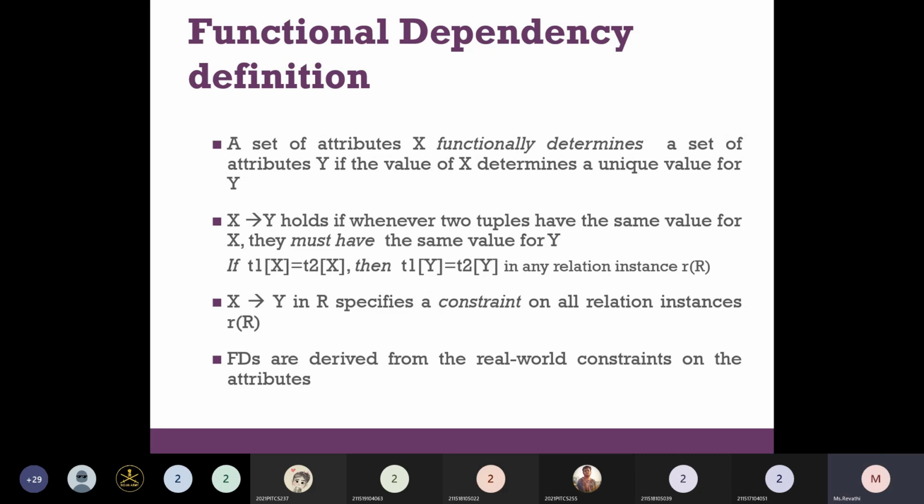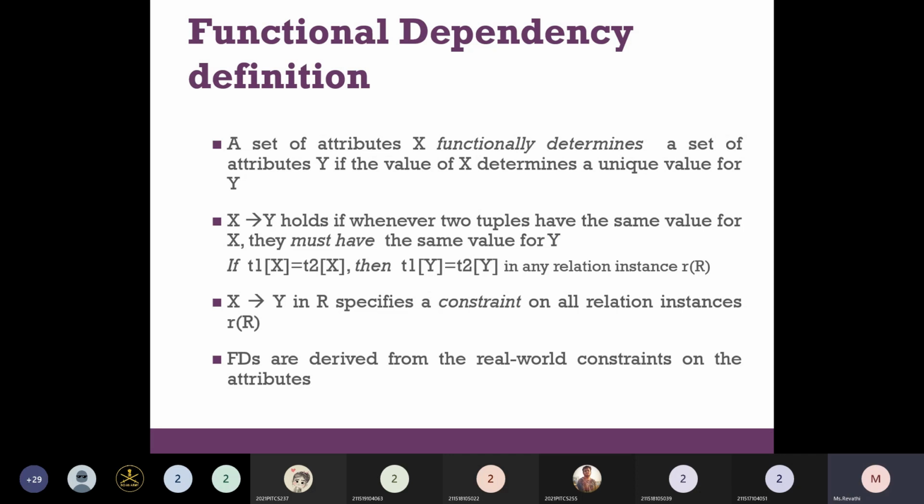X determines Y holds if whenever two tuples have the same value for X, they must have the same value for Y. That is, if T1 of X equals T2 of X, then T1 of Y must be equal to T2 of Y in any relation instance, which is captured in the state r of R. So X determines Y in a particular relation R specifies a constraint on all relation instances r of R. These are derived from real-world constraints on the attributes.